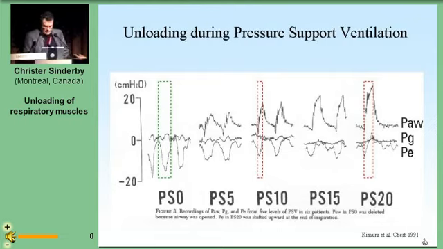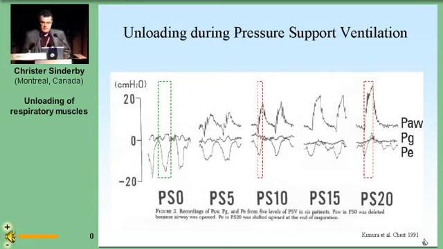It shows on the left side a spontaneous breath, and you see the esophageal pressure swing. There is also a gastric pressure indication. We go to pressure support of 10, and you see the waveform has changed significantly. What's most visible is that as soon as the ventilator starts, there is a positive pressure deflection of the esophageal pressure.